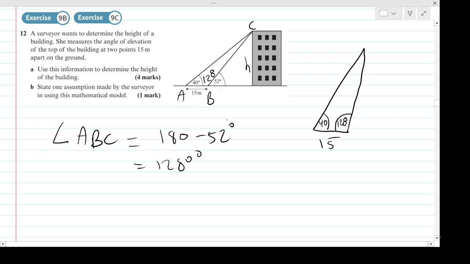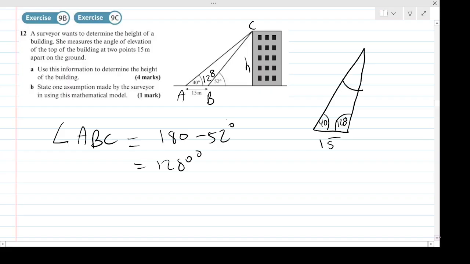Well, what side should I work out then? Let's have a think. Let's use the angles to guide us. This angle's facing that side, and this other angle's facing that side. Actually, none of the angles we have are facing the 15. This angle would. But we can work out that angle, because now we know two angles in a triangle.